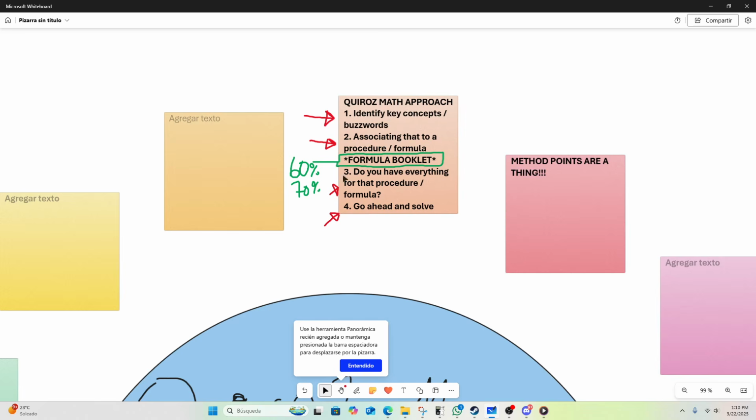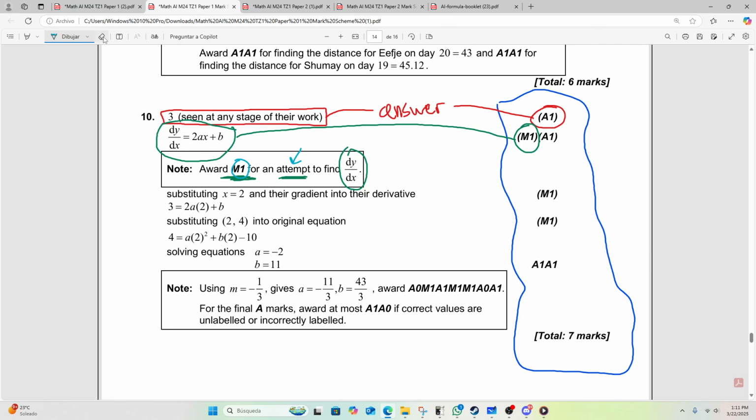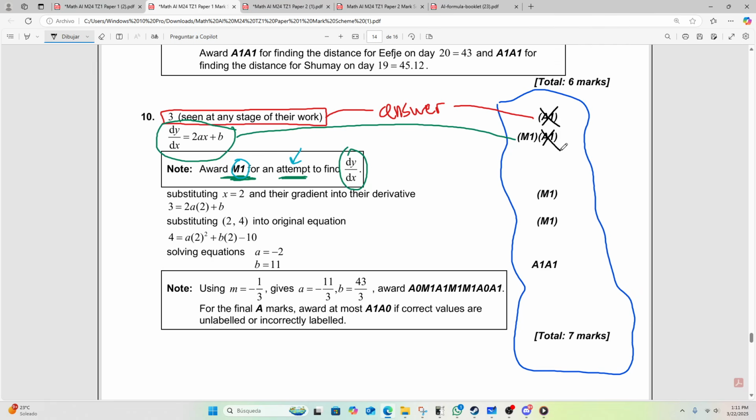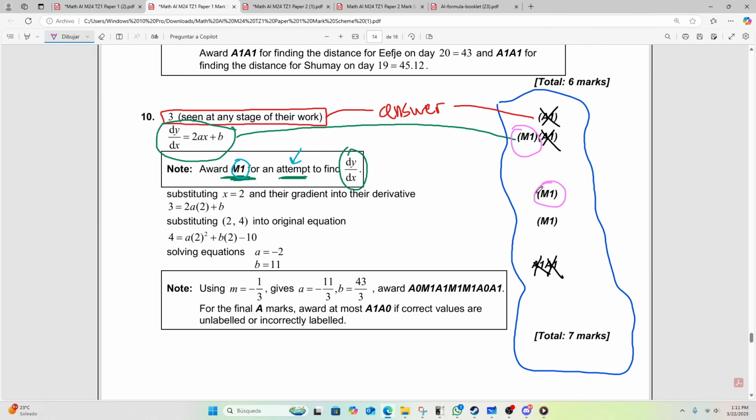And so once you establish this approach that I'm telling you, which is identify the key concepts and buzzwords, associate this to a procedure, and try the procedure, you're going to get method points. And so notice, in this exercise, you can get everything wrong. Let's say you get no answer points. So you don't get this one, you don't get this one, you don't get these 2. So you missed out on 1, 2, 3, 4 points, but hey, you got 1, 2, 3 method points.